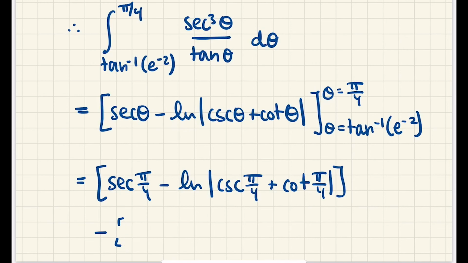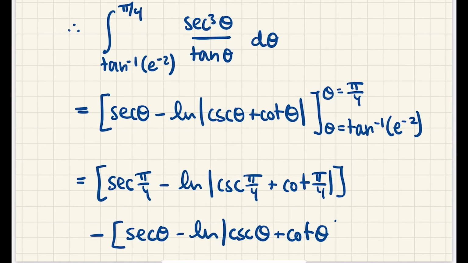But rather than write out secant of inverse tangent of e to the negative 2, why don't we just draw a triangle? So let's defer this one more round, and we'll just leave it as secant of theta minus ln of cosecant theta plus cotangent theta, where we know we're going to plug that in.